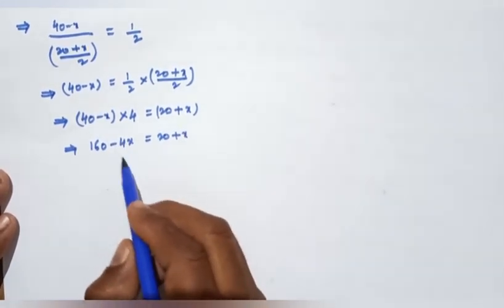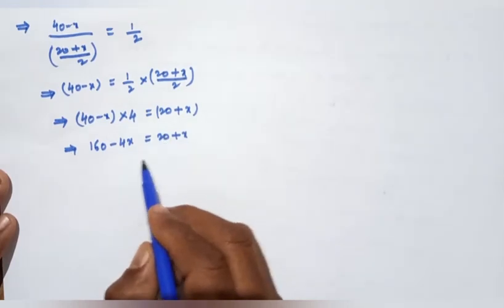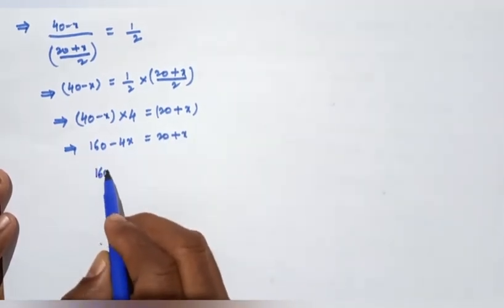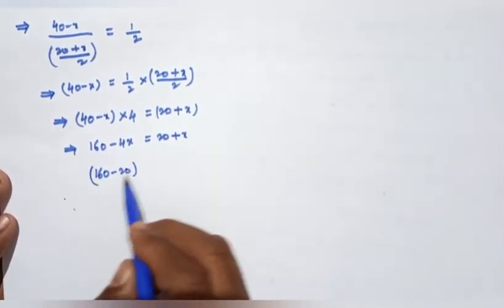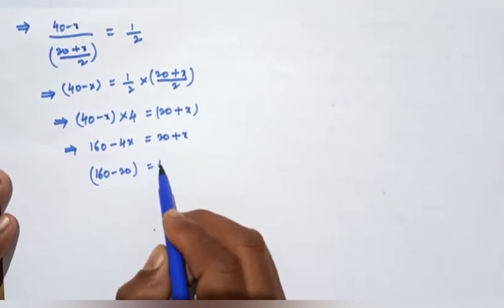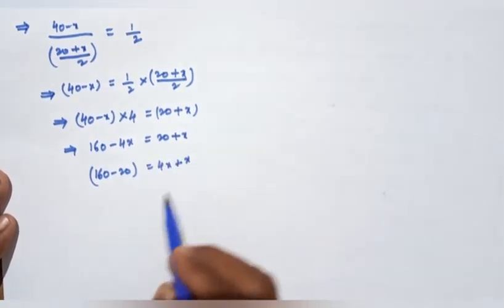The 4x term is taken to the right side, and 20 is taken to the left side. 160 minus 20 equals 4x plus x.